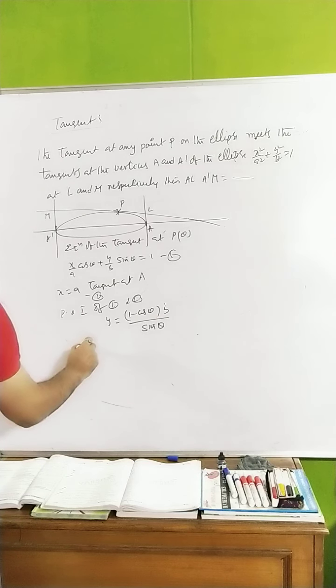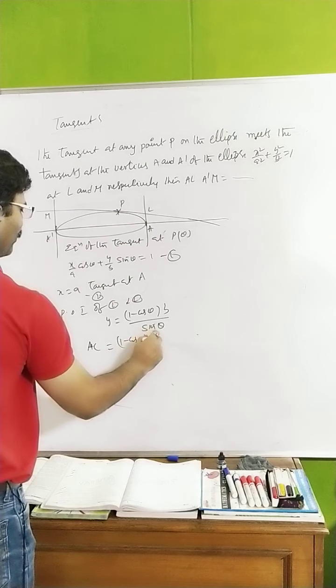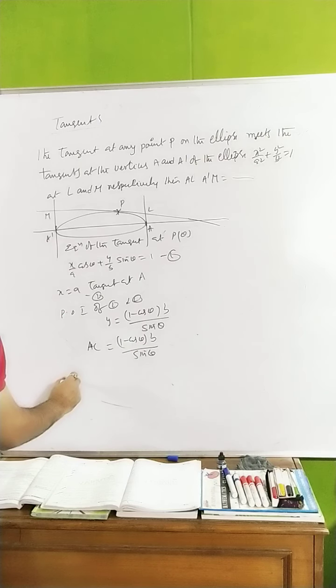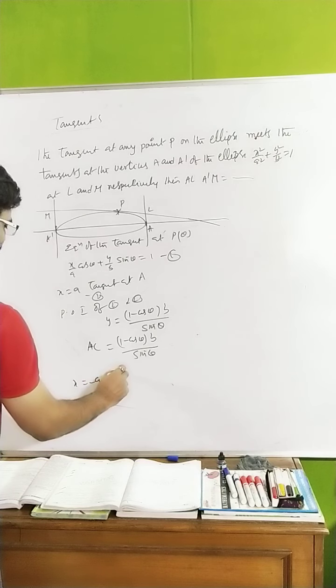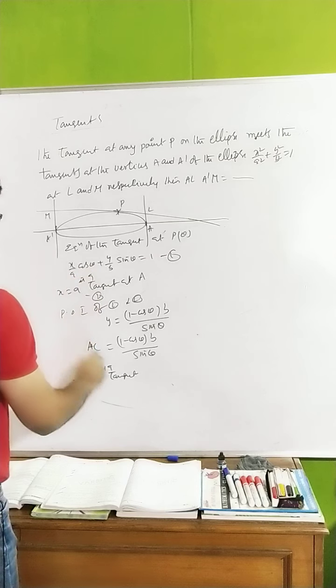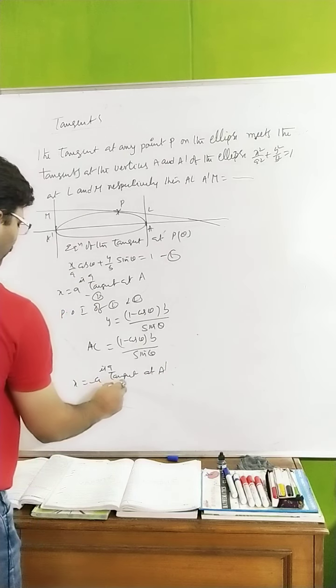You can say that this is AL also, because it is the y coordinate of that AL. AL is the same thing, but you have to write in modulus because it is a distance. Now x is equal to minus a is the tangent at A dash; say this one is 3.